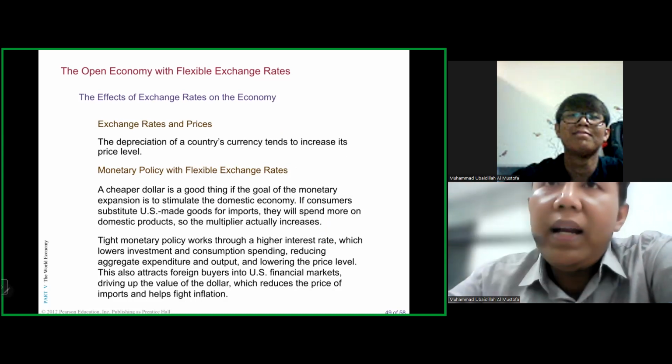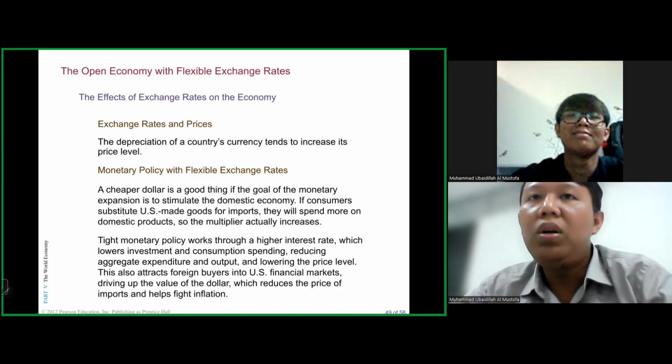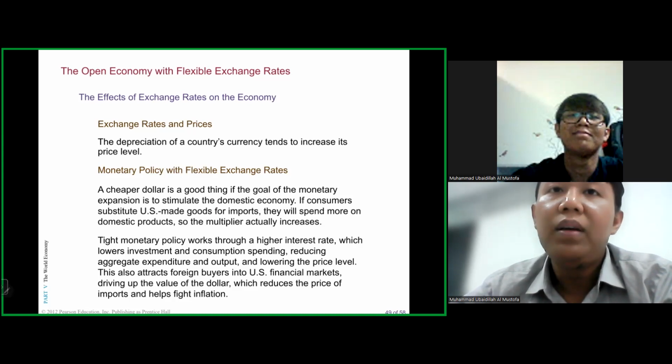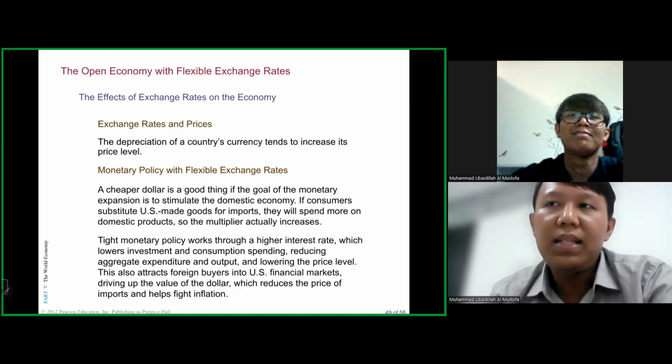A cheaper dollar is a good thing if the goal of the monetary expansion is to stimulate the domestic economy. If consumers substitute US-made goods for imports, they will spend more on domestic products, so the multiplier actually increases. This is related to monetary policy.